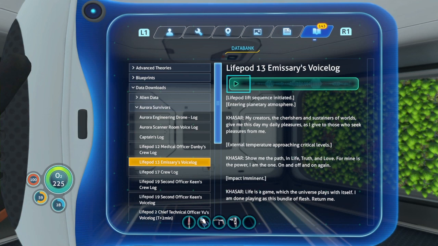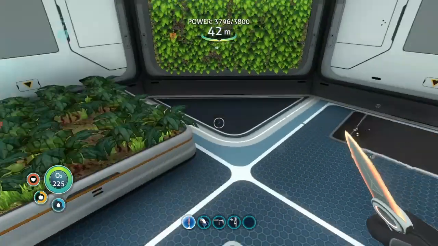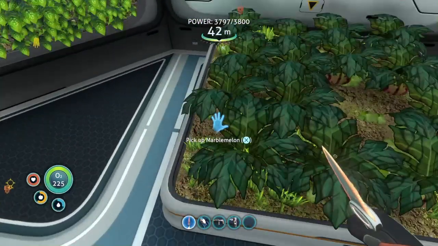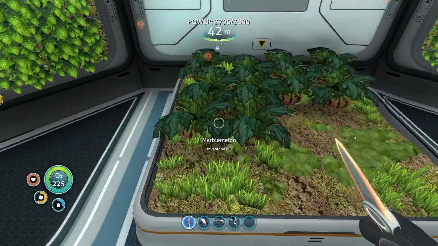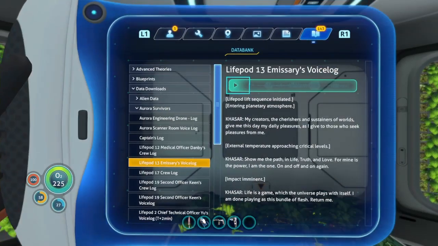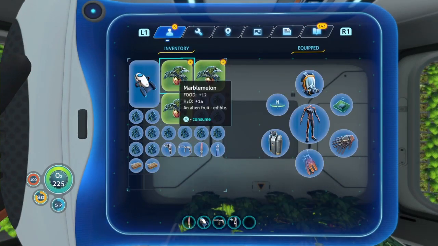Or would he be very upset? Because of the last sentence that he says, I think, I am done playing as this bundle of flesh, return me. Which is very interesting. Either this guy is super religious, or something else. Which I will not be going into, because that's just an interesting topic that I don't want to go into.